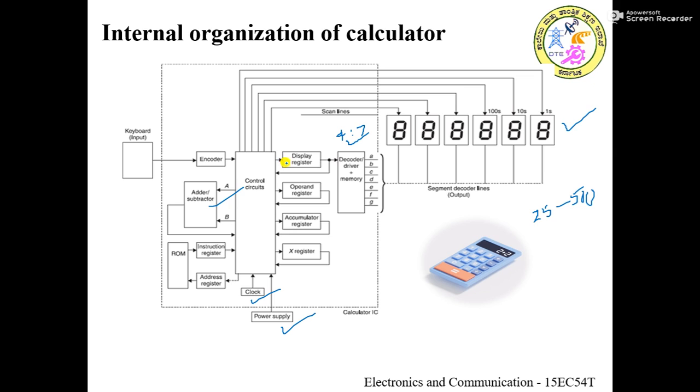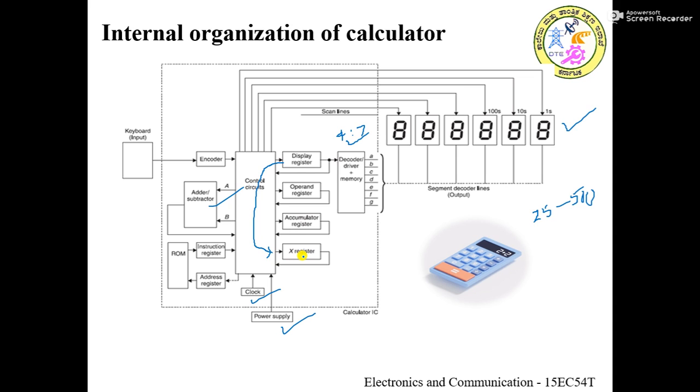Whenever he enters an operation code, first the operation code is stored in the display register. Once the display register finds it is an operation code, it is immediately routed not into the operand register, but into the X register. The X register is a storage register used to store the operation code like plus, minus, multiply, division, whatever.